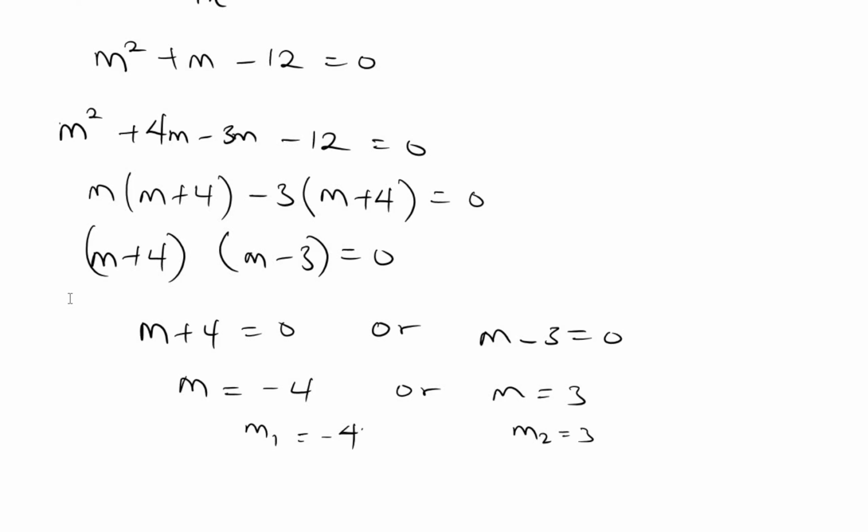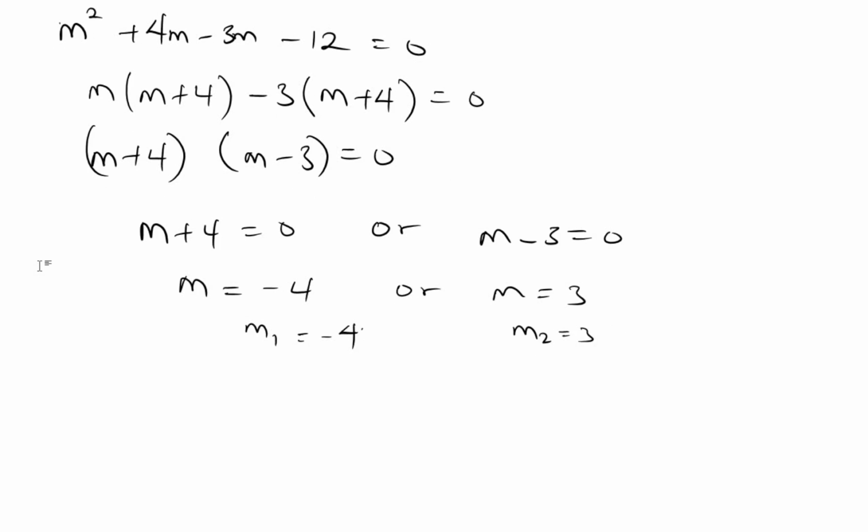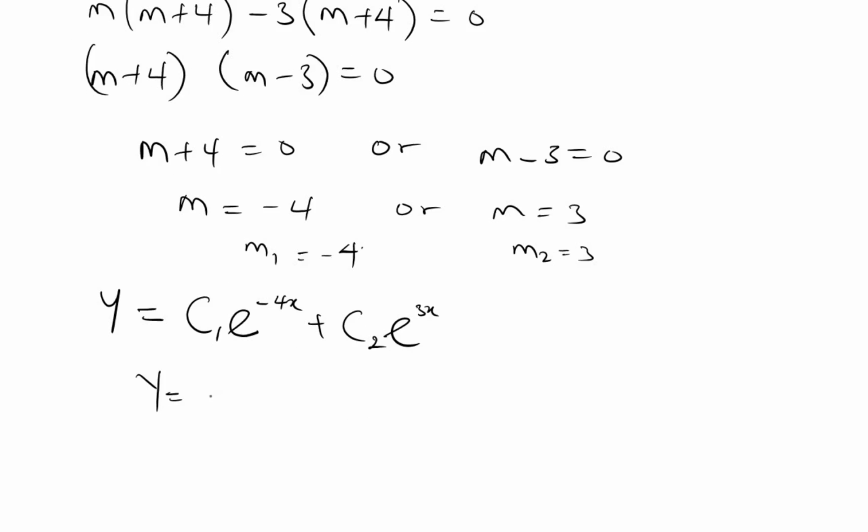So here I have two distinct roots. So my equation will be y is equal to c1 exponential of minus 4x plus c2 exponential of 3x. That is, y is equal to c1y1 plus c2y2.